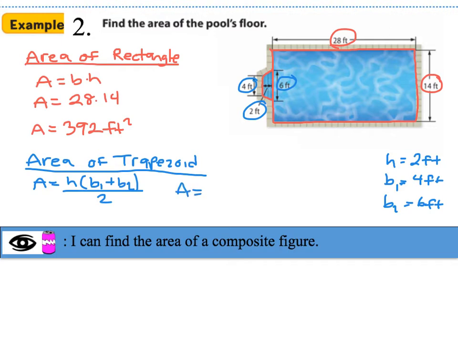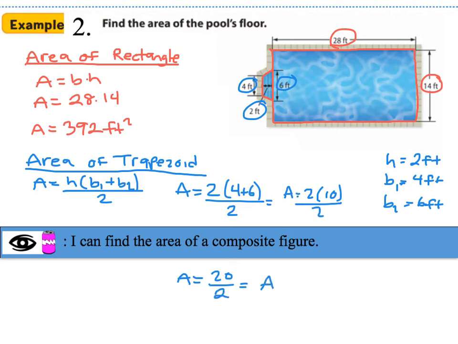So let's plug this information in. Area is equal to the height, which is 2, times the quantity of 4 plus 6 divided by 2. So if I do the math, area is equal to 2 times the quantity of 10 divided by 2. So that would be 20 divided by 2. So the area of the trapezoid would equal 10 feet squared.